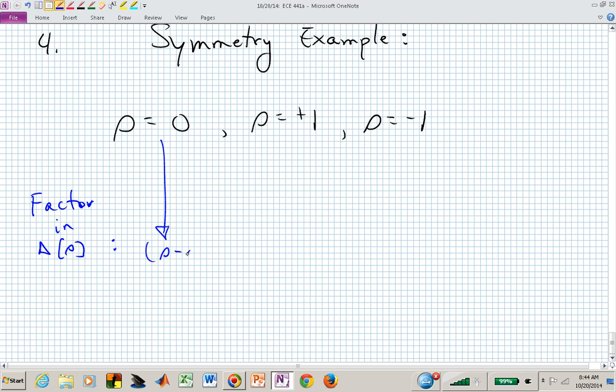That would be s minus 0, wouldn't it, or just an s. This one is s minus 1, and this one is s plus 1. Those are my factors from those desired roots.